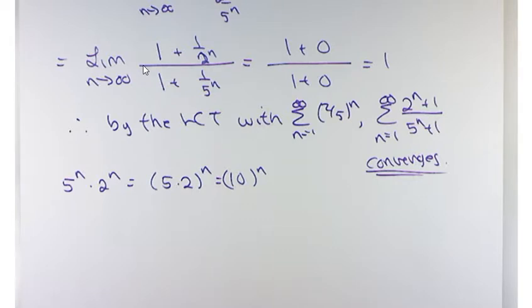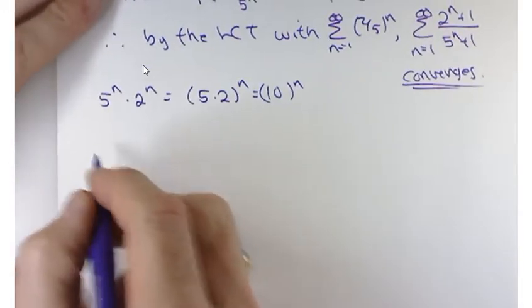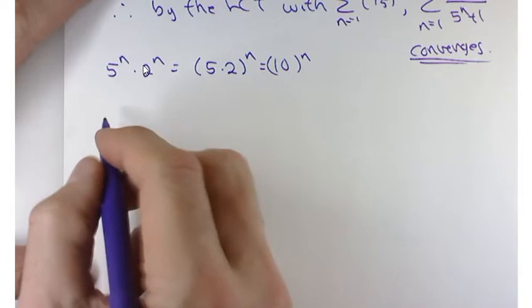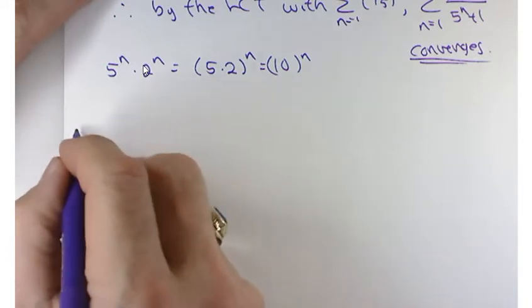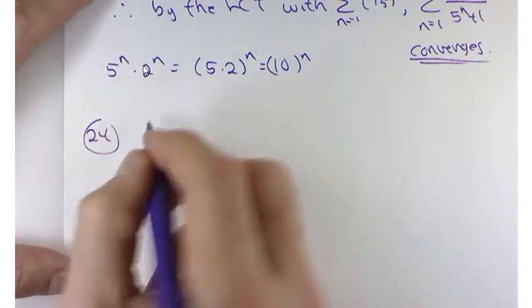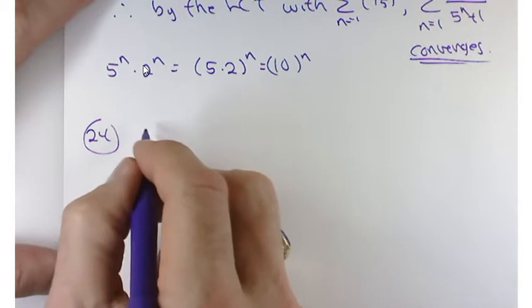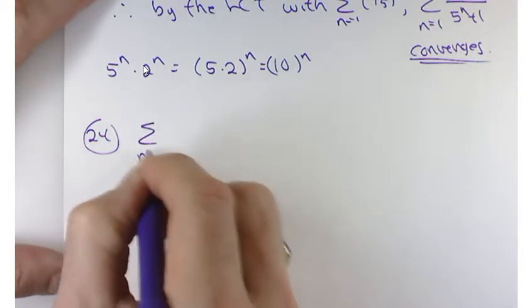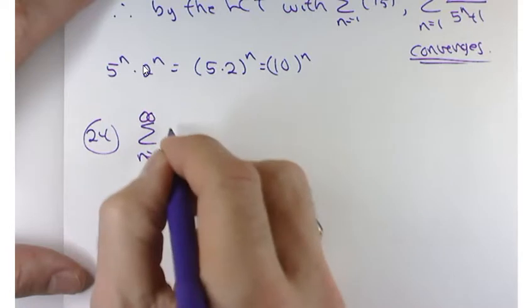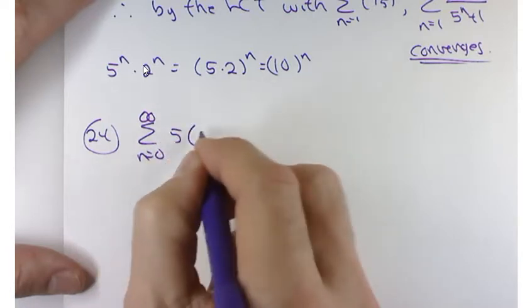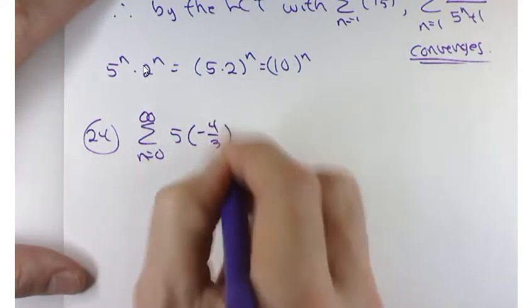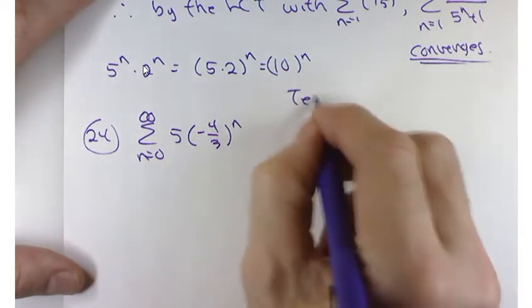Now, there's really more than one answer for a lot of these, so when I grade papers, I'll accept more than one answer. It just depends on the problem. Problem number 24 gives us this series: the sum from n equals 0 to infinity of 5 times negative 4 over 3 to the n.